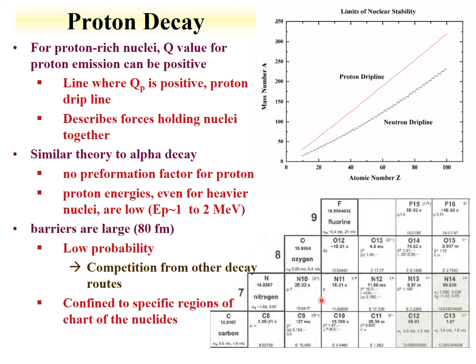Nitrogen 11, proton decay. Carbon 8 has a proton decay, and then there's a probability for carbon 9. So these are all very proton-rich, neutron-deficient isotopes that can undergo this decay. And you can find where they're located by exploring your chart of the nuclides and looking for that proton decay symbol, either 2-proton or a single proton decay.